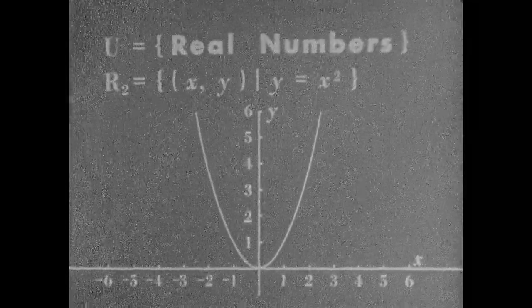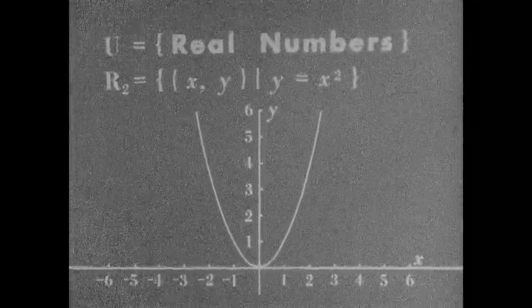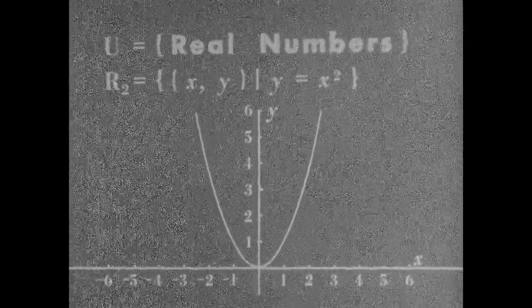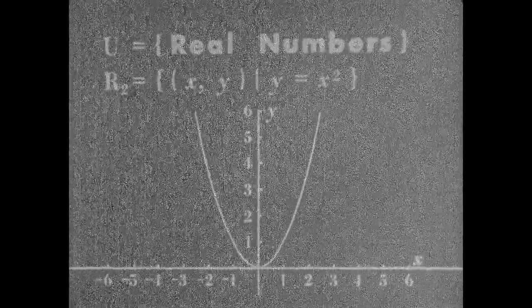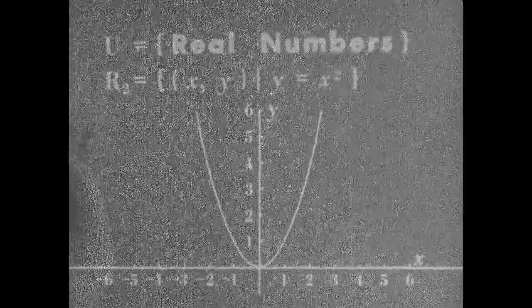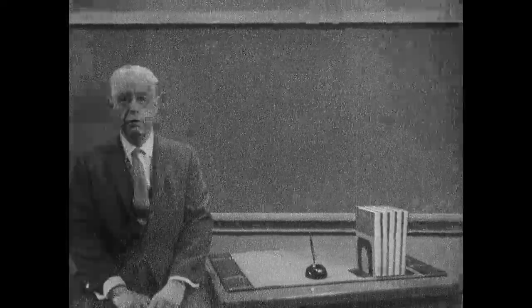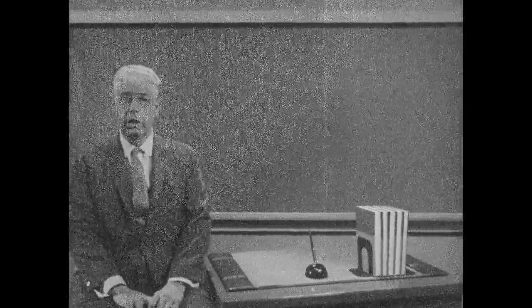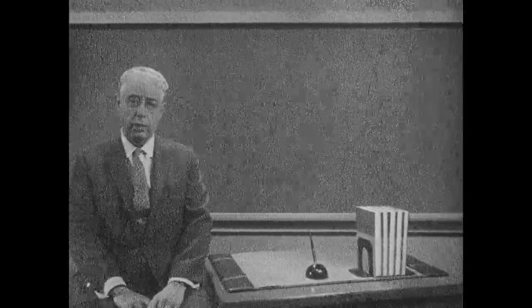This restriction is made to eliminate the ambiguity otherwise inherent in such expressions as x squared plus y squared equals 25.